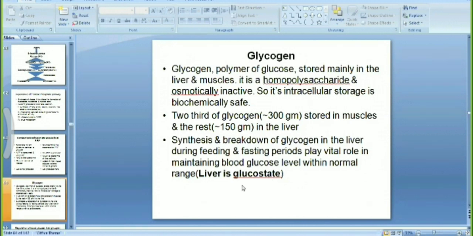So that's why liver can be termed as glucostat. It plays a very important role in the maintenance of the normal blood glucose level.